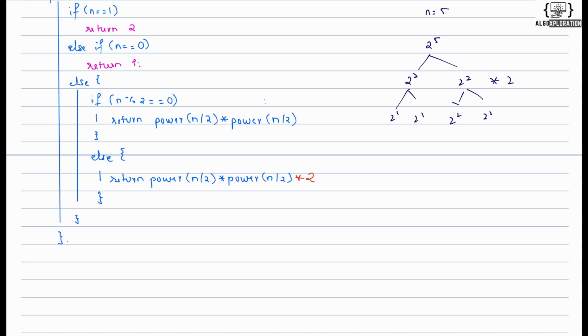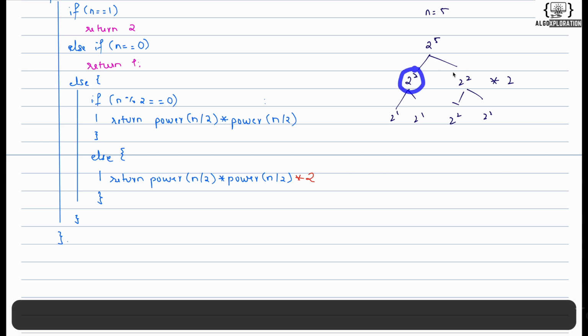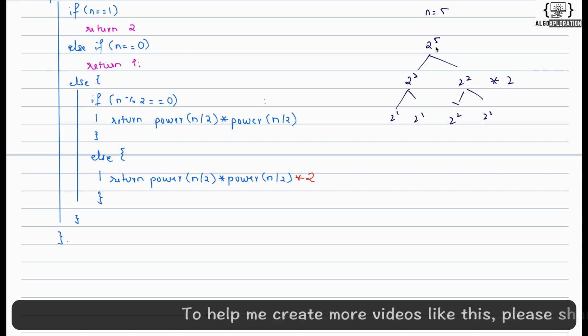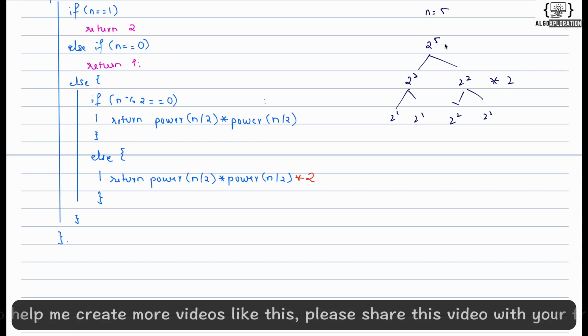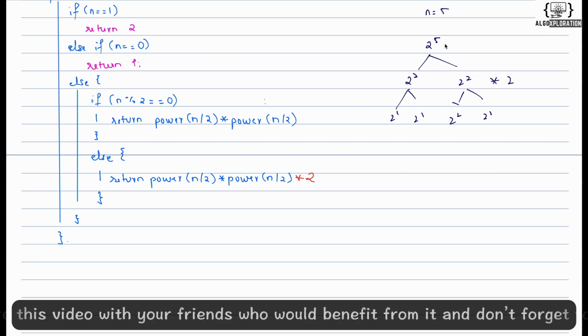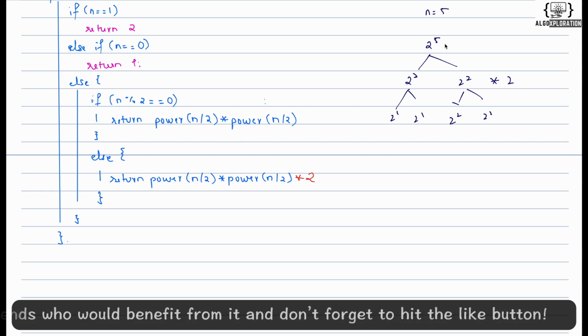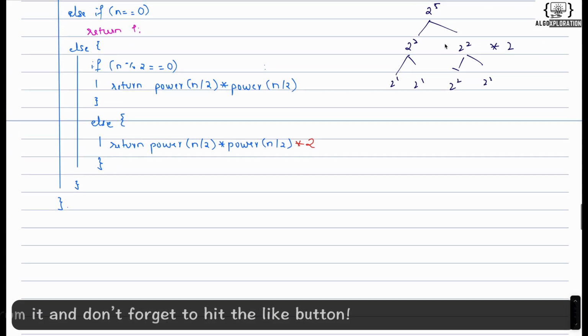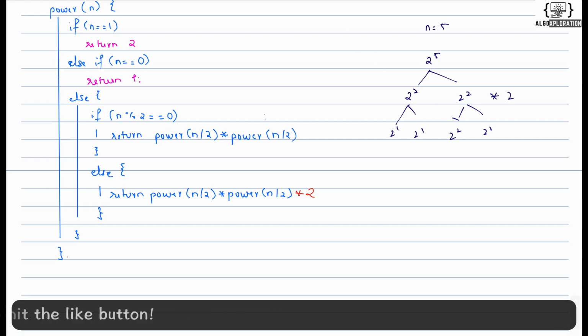We can see that we are finding the value of 2 to the power 1 four times, then finding the value of 2 to the power 2 two times, and so on. So let's imagine that if the value of n is too big, we are doing a repetitive task again and again.